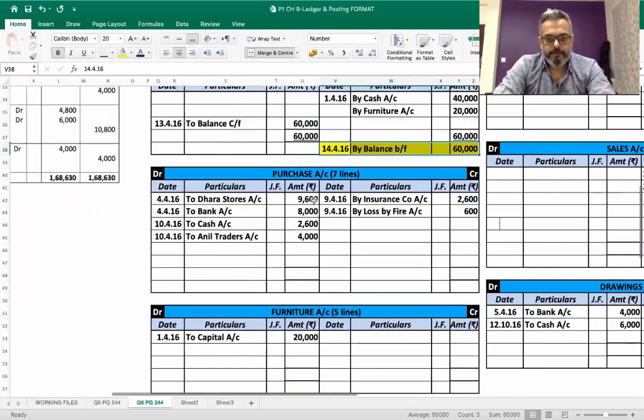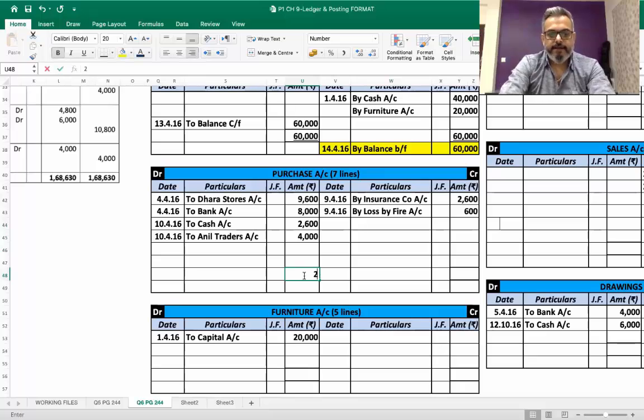Purchase account. Total debit side 24,200. Same we write on the credit side and we subtract 24,200 minus 2,600 minus 600.